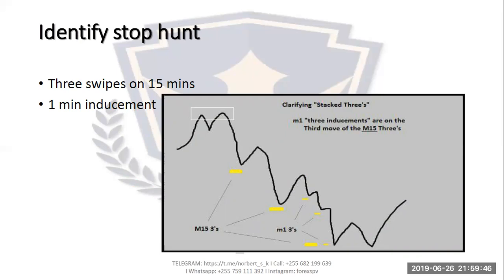On the last swipe of the stop hunt, you have the 3 1-minute inducements. This is the 15 minute time frame. If you go to the 1-minute time frame and look at the third swipe, you find 3 inducements.